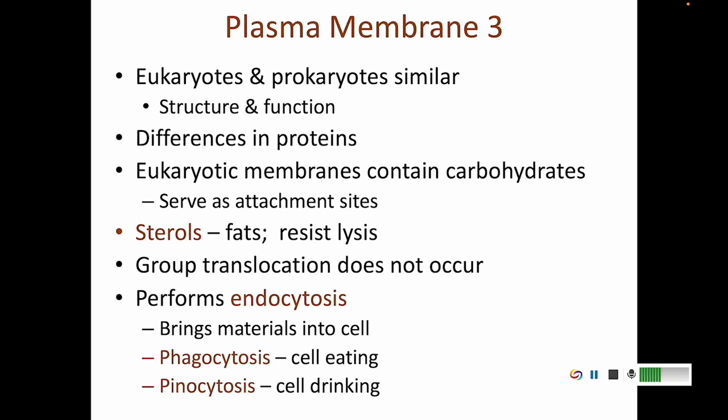They help resist lysis of the cell. We don't have group translocation occurring, although we do have simple diffusion, facilitated diffusion, and active transport. Another type of active transport we have in eukaryotic cells is called endocytosis. This is a way to bring things into the cell, such as phagocytosis, where a cell can bring in food particles, or pinocytosis, where a cell can bring in liquid from its environment.